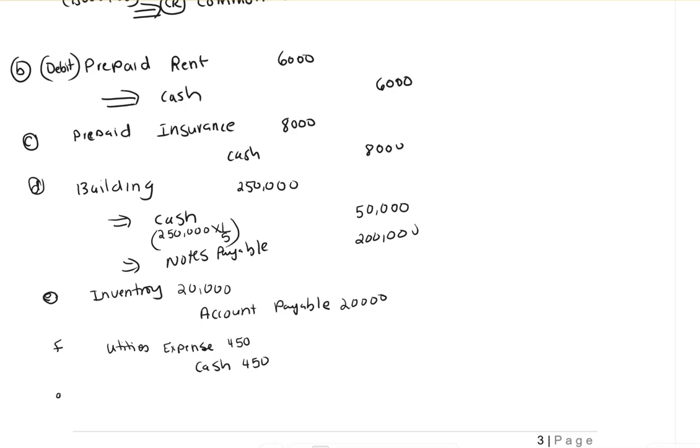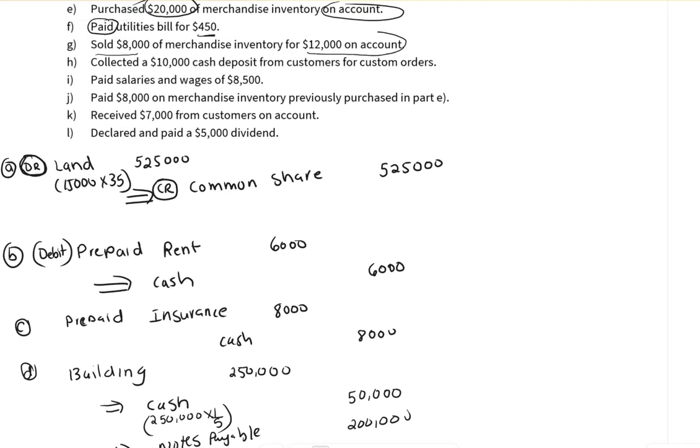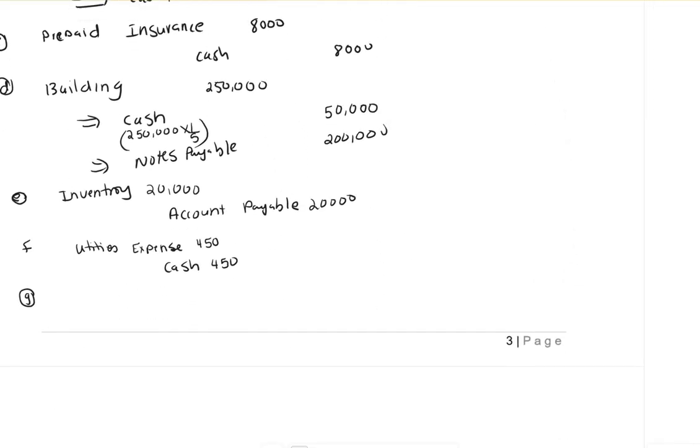Then we're going to go to my G. And what is happening with my G? They said we sold $8,000 worth of merchandise for $12,000 on account. So we sold it on account. That means they haven't paid us. So debit will be my accounts receivable, and we sold it.